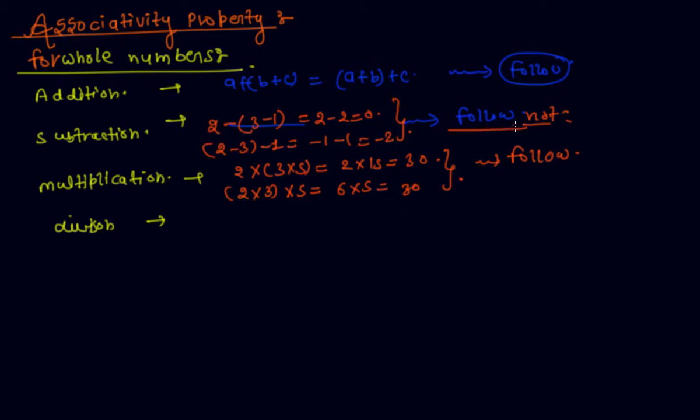So in the case of subtraction for whole numbers, the associativity property is not followed. Now in the case of division, the same as subtraction, it does not follow the associativity property.